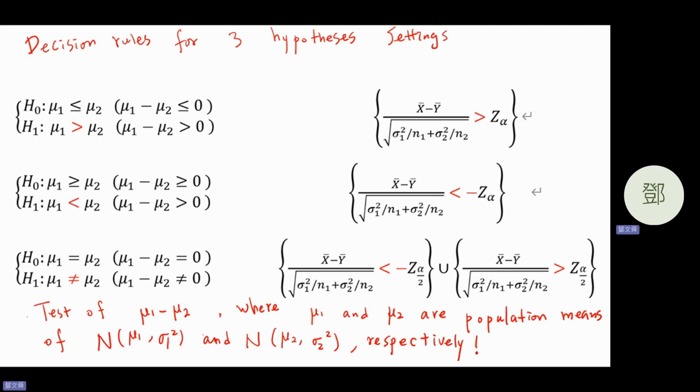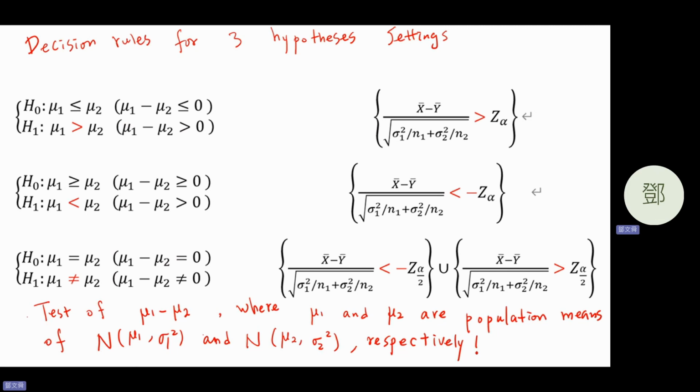Because under the null assumption, mu1 minus mu2 is 0, so minus 0 means nothing. We don't write minus 0; it's useless to write it. So what happened to the mu1 minus mu2 here?